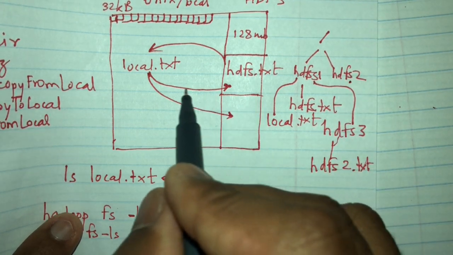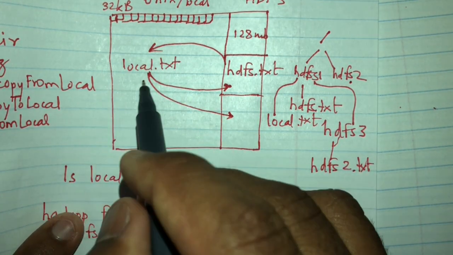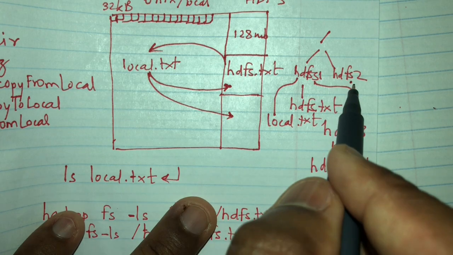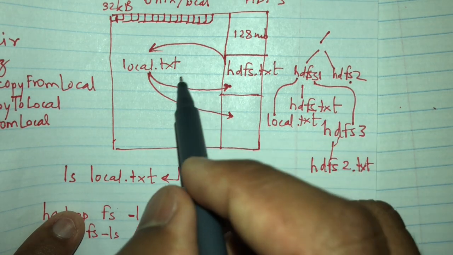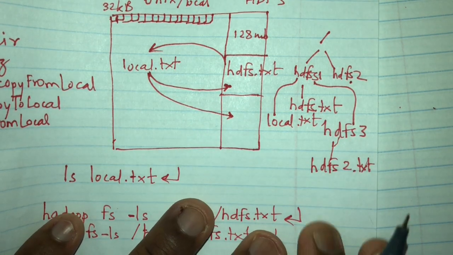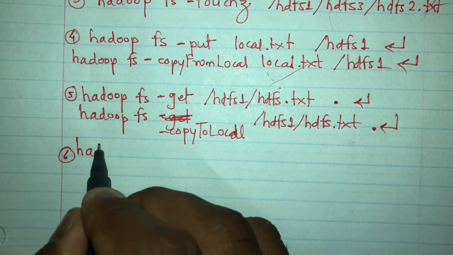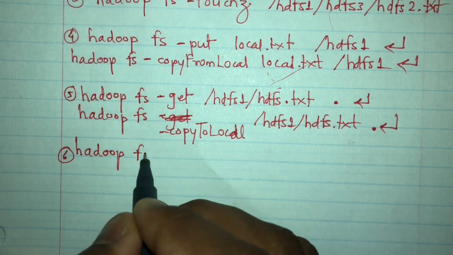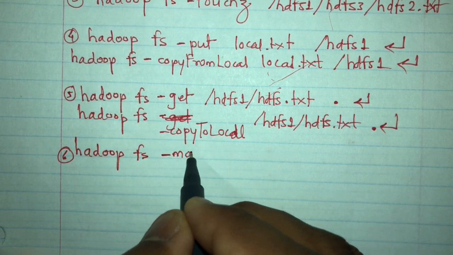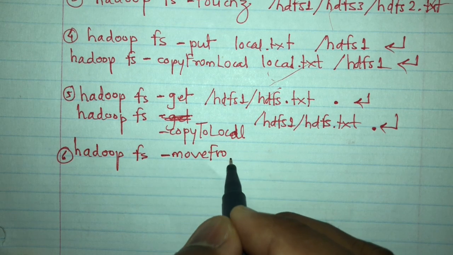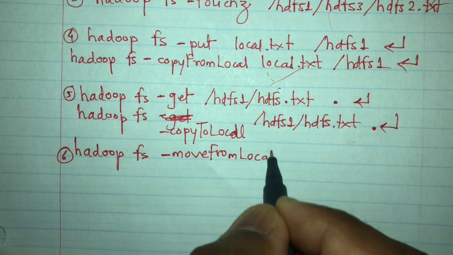It will be taken from the local file system, pushed into the hdfs2 directory, and then deleted from the local file system. The way it works is like this: hadoop fs -moveFromLocal, what do you want to move?